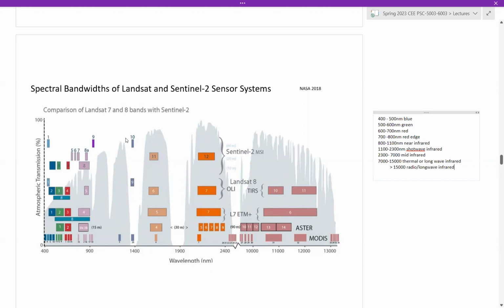But when we are in the mid infrared, the odds of that photon passing are close to 90, but around 1400 nanometers the atmospheric transmission drops to zero. That means that photons with this wavelength will be completely absorbed by the atmosphere. Zero of them will reach the surface, or very close to zero.